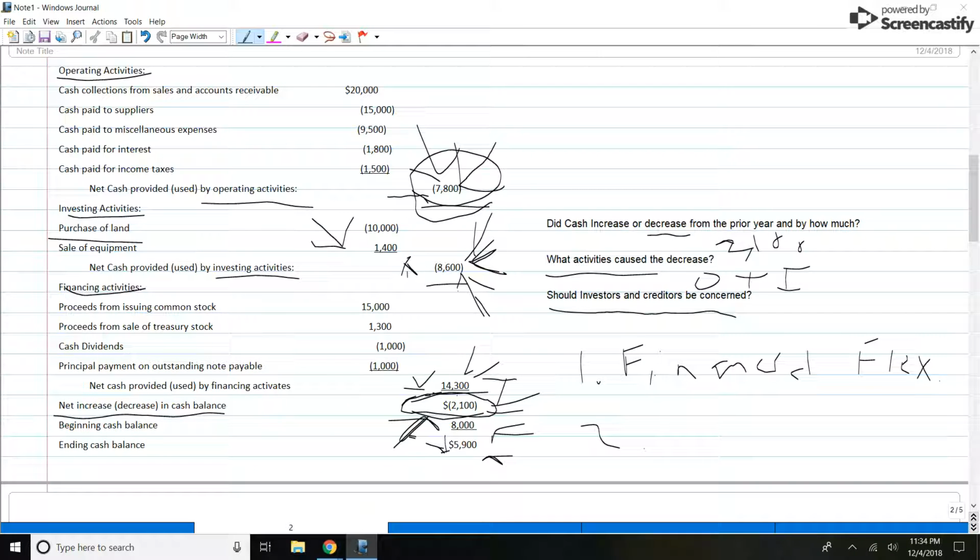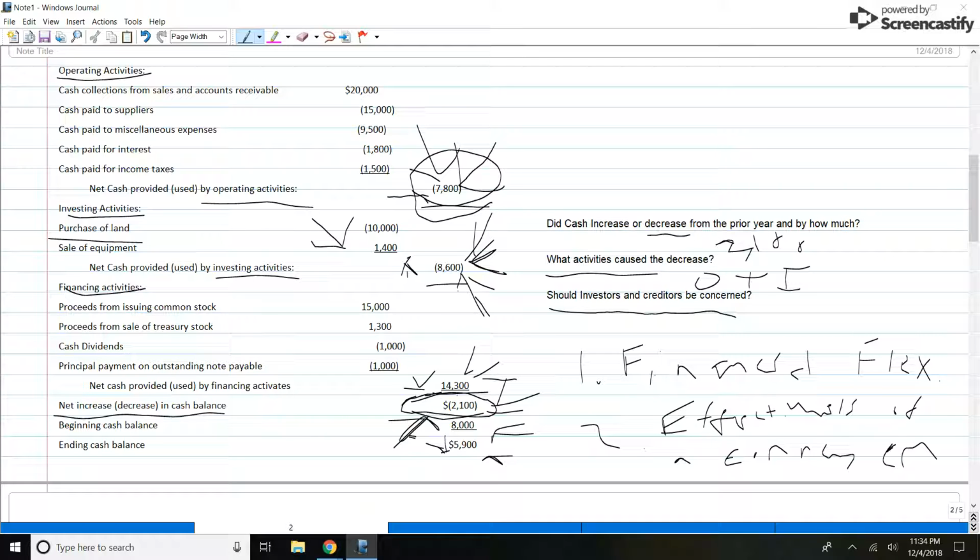The other thing that the statement of cash flows shows is the effectiveness of a company's cash management. I'm not going to write it all out, so, CM. You might be thinking that's just saying how much cash they can generate.